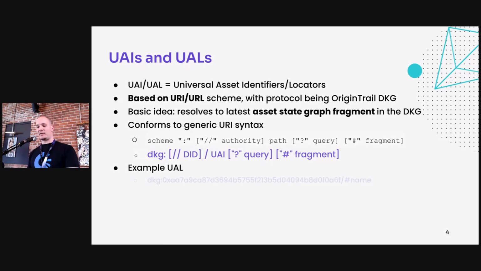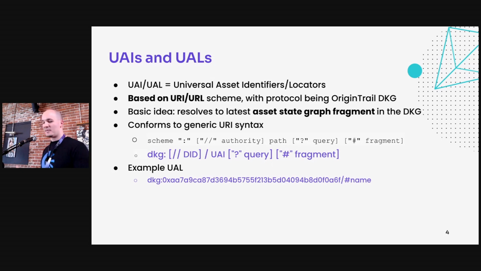That means, for example, we could have something like this. This would be some address, some UAI, and let's say I want to take the asset at that address and get its name. I just do hash name, or whatever other property. I can do that, or I can write a query in there. The point is that under the hood, the system understands this and converts it into a query, so you don't have to write one.